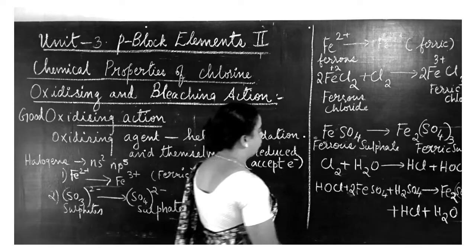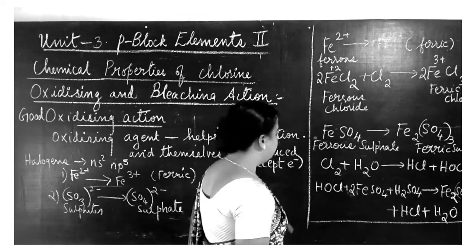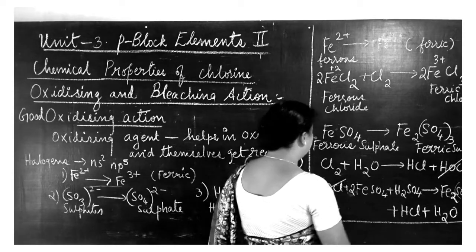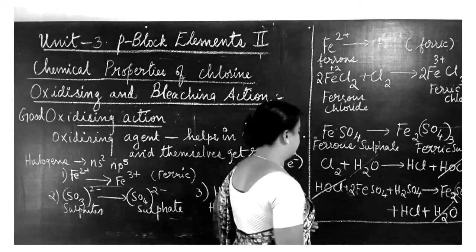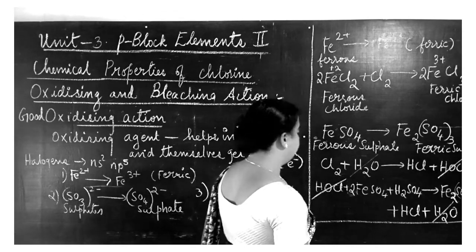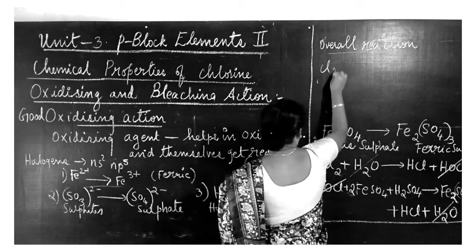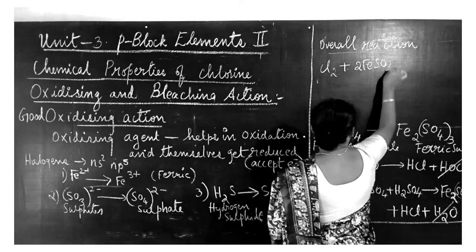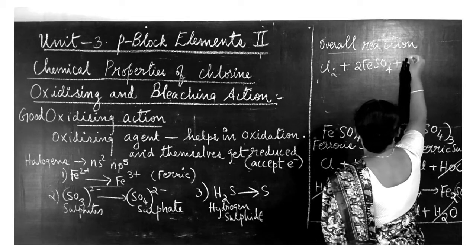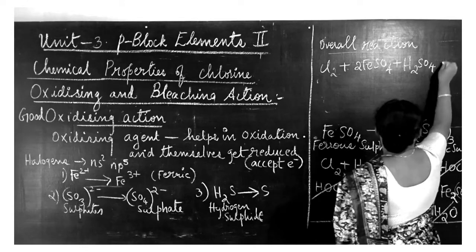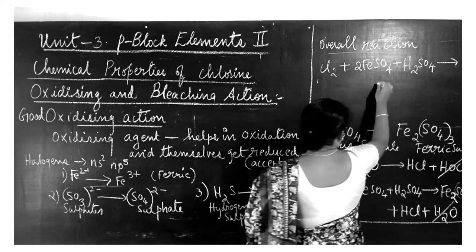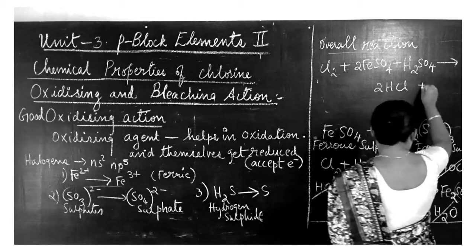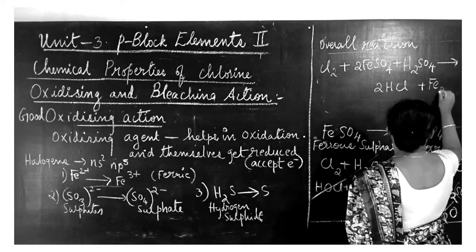Fine. Now let us write the overall reaction. Whatever is common, we will just cancel on both sides. So HOCl will cancel. Then water on the left hand side and another water on the right hand side, that is also cancelled. So now let us write the overall reaction here. Chlorine gas plus 2 FeSO4 plus H2SO4 gives 2HCl plus Fe2(SO4)3, that is your ferric sulphate.